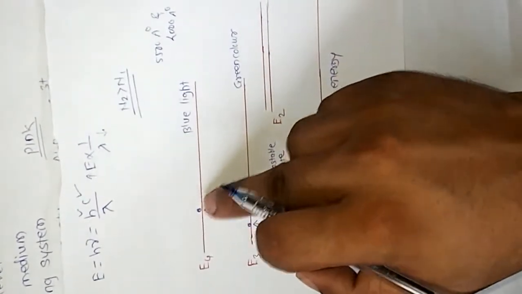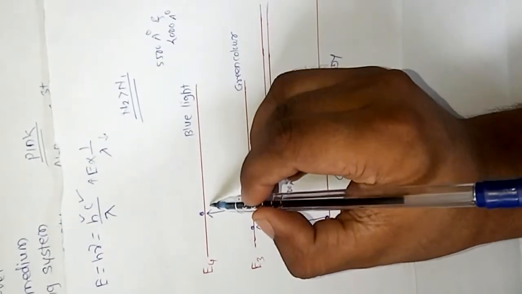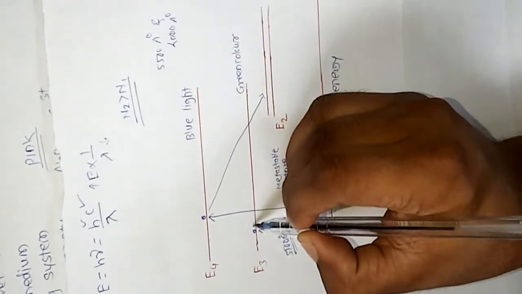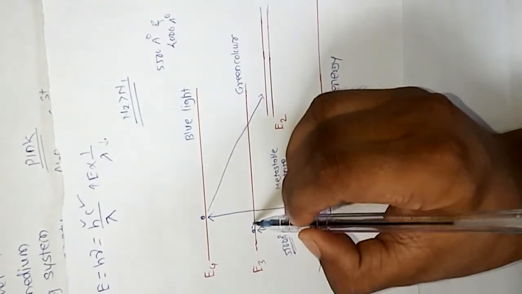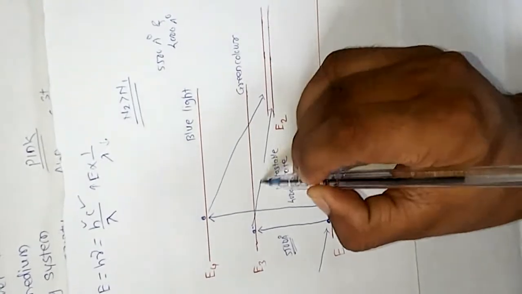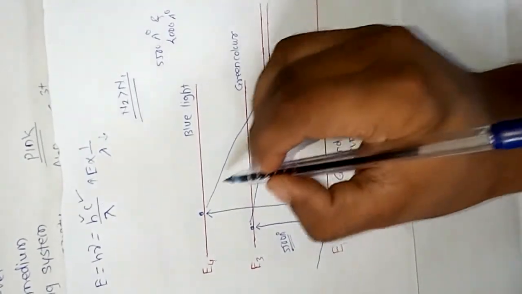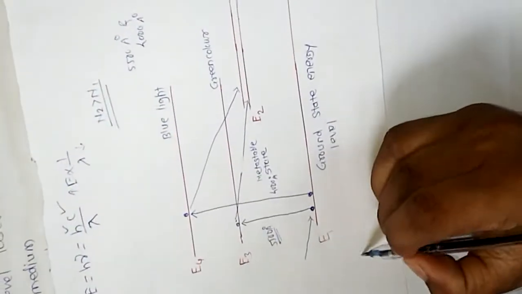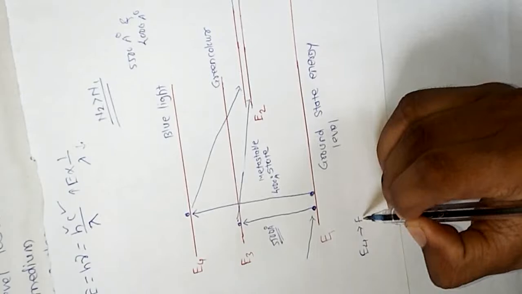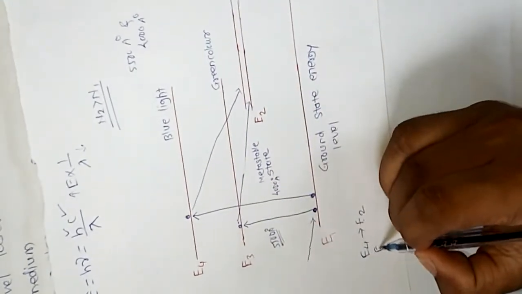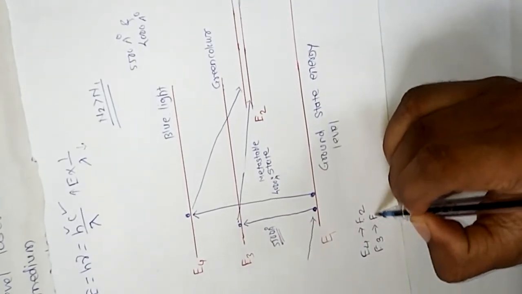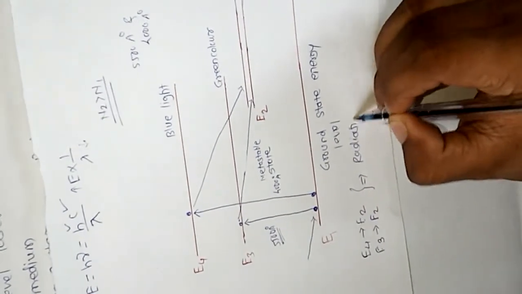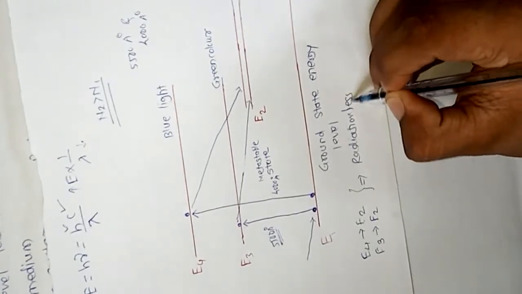So they de-excite to the energy level E2 from E4 and E3 also. In this transition, no radiation is emitted. So the transitions from E4 to E2 and E3 to E2 are radiationless transitions.